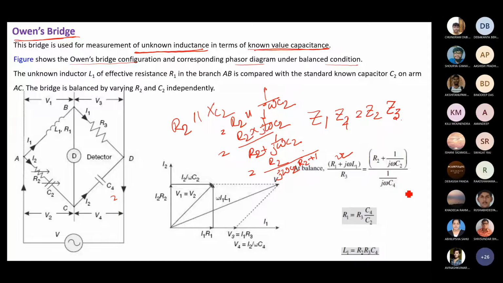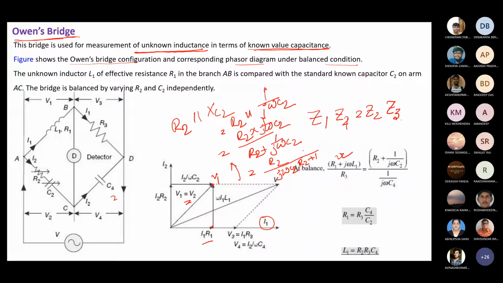The phasor diagram is as simple as that. I1 is always considered the reference. So I1 R1, then this point is your V1. V1 equals V2. V2 equals I2 R2 plus 1 by j omega C2 into I2, with I2 in the numerator.